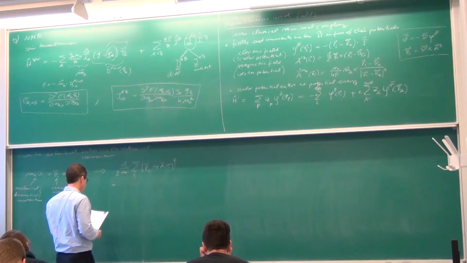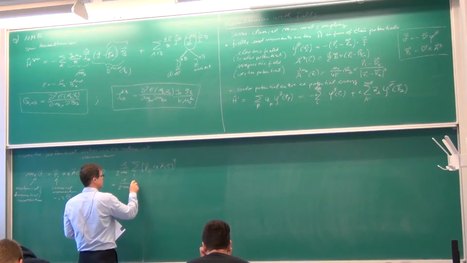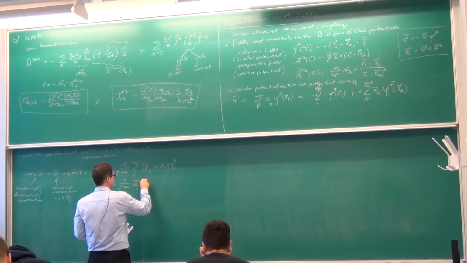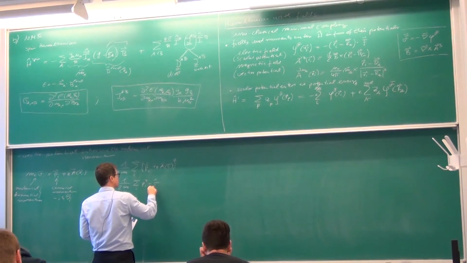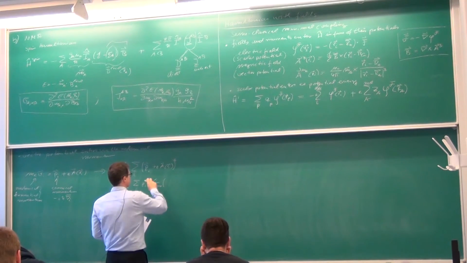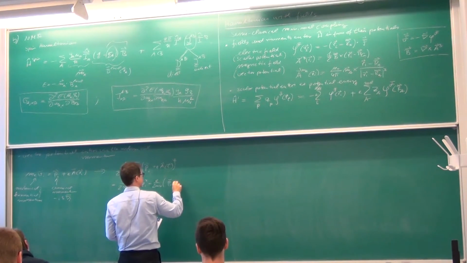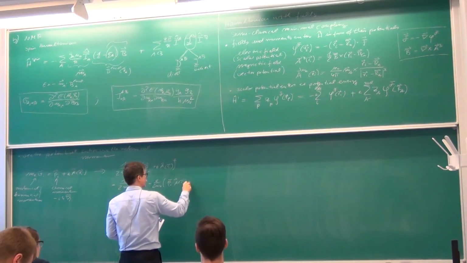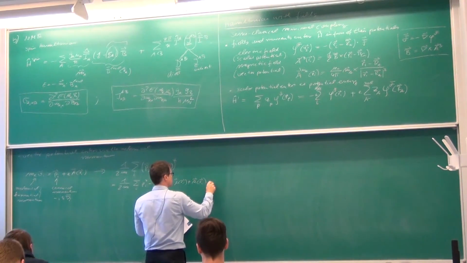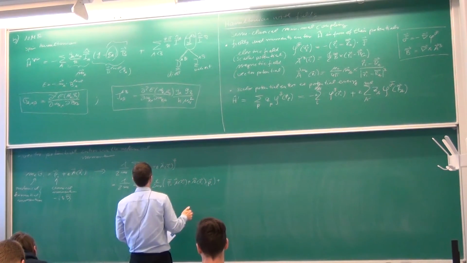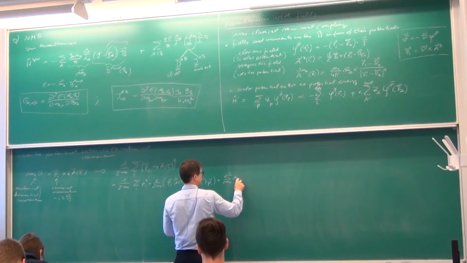If we expand that, calculate the square, then we get 1 over 2 m_e times the sum over i of p_i squared, plus 1 over 2 m_e, and then we get e times p dot A, and the other way around, A dot p, plus e squared divided by 2 m_e times the vector potential squared.